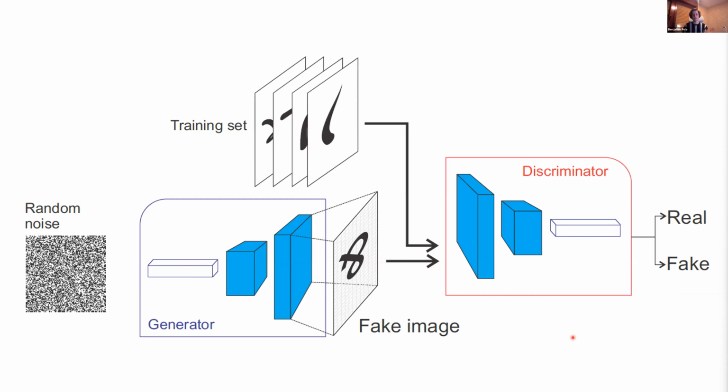This is a more graphical representation of that, where you have this discriminator that I've talked to you about, which receives two kinds of data: the training set, which in this case I think contains some characters, but it could be anything. In the case of faces, these would be images of faces.